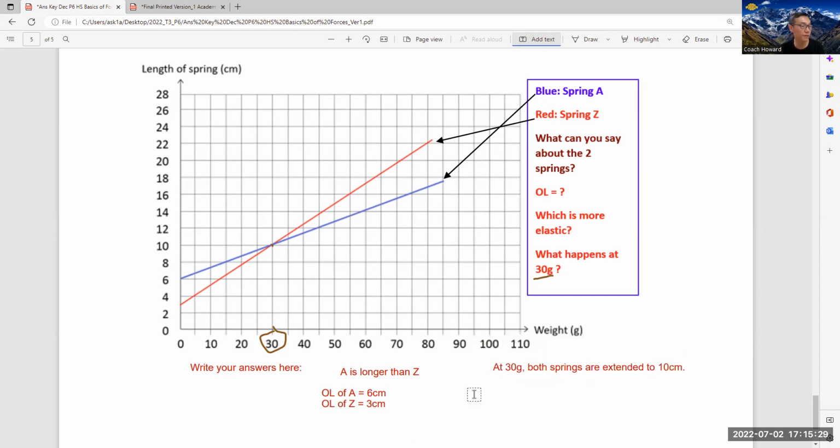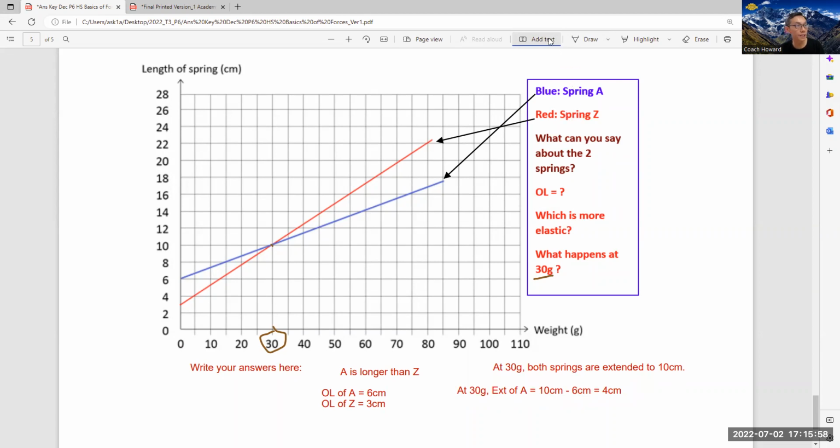Okay, then since we are here already, we must well use the values to calculate extension. So at 30 gram, extension of A equals to, A is the blue one, you calculate. So it's 10 cm minus the original one. A is this one, original is 6. So you will get 4 cm.